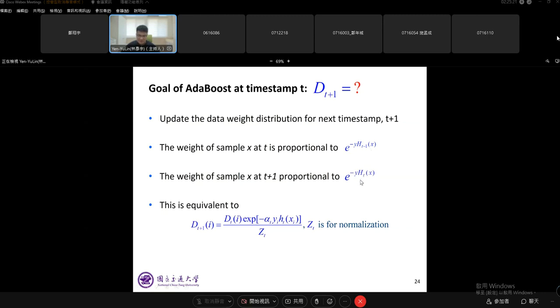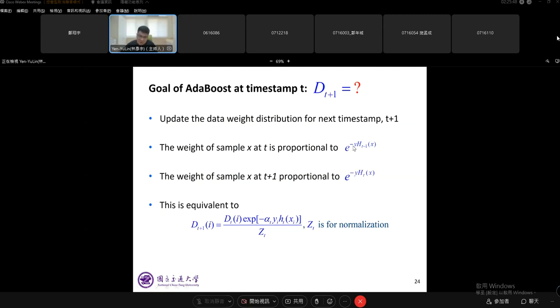This is the reason why we employ this equation for the update. Z_t is used for normalization. In the previous two items I used the term proportional to. It is not exactly the same, but it is proportional to exponential of minus margin at the current iteration.